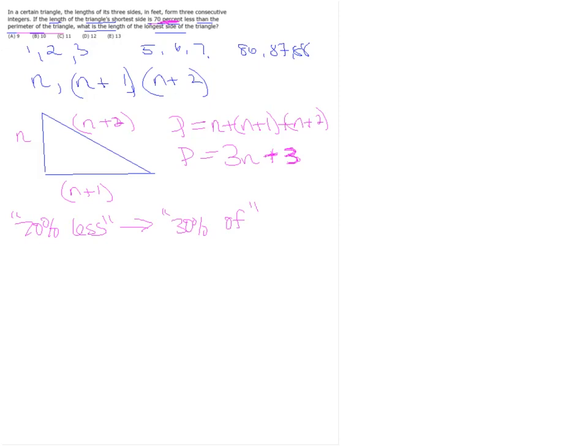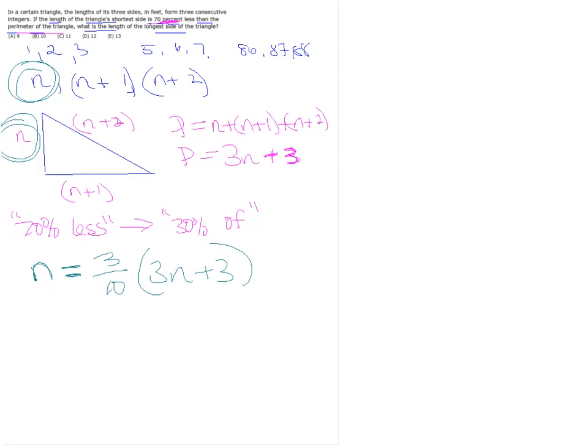Okay, so we're going to decode this. Watch as we write the equation. The triangle's shortest side, which by definition is n, equals 30% of the perimeter of the triangle.